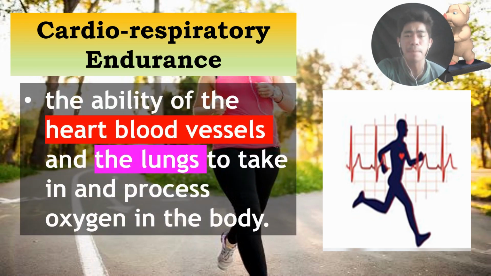It is the ability of the heart, blood vessels, and the lungs to take in and process oxygen in the body. Therefore, this is a physical fitness that you need to exercise your heart and exercise your lungs. Again, this is the activity where sometimes you will feel tired or your heartbeat beats fast.